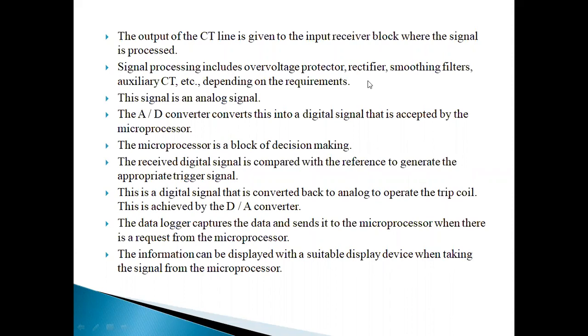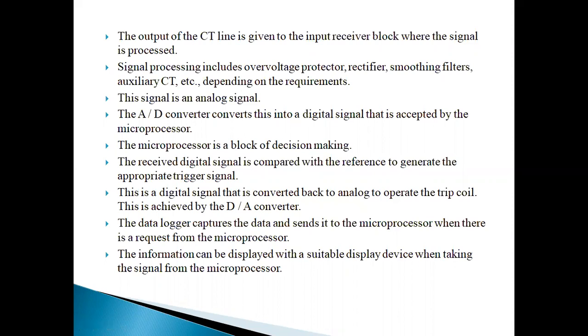So this is the whole block diagram of this microprocessor based relay. Simply, whatever I told you, the CT output is given to the I to V converter. Then the signal processing includes over voltage protector, rectifier, smoothing filters, and auxiliary CTs, depending on the requirement. As per requirement, all your instruments will change there.